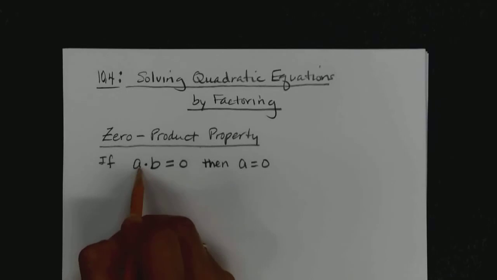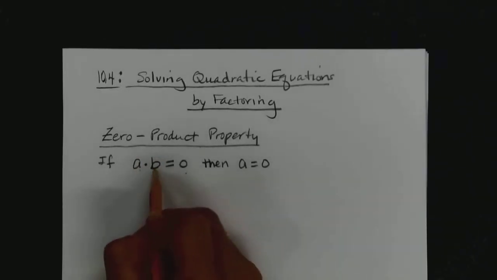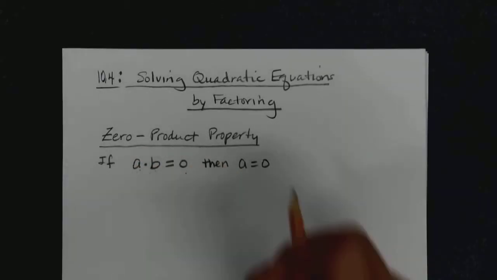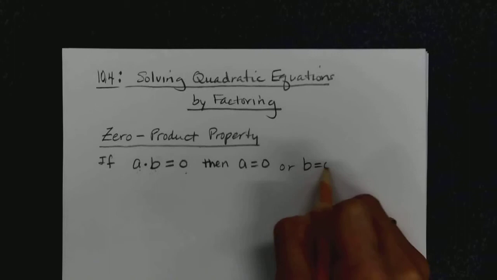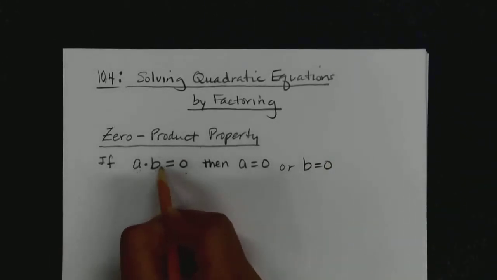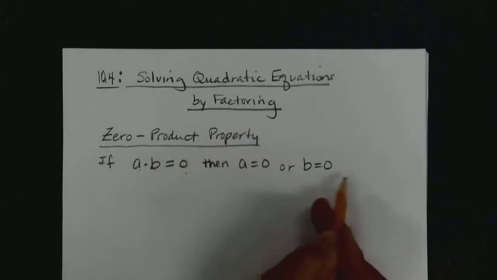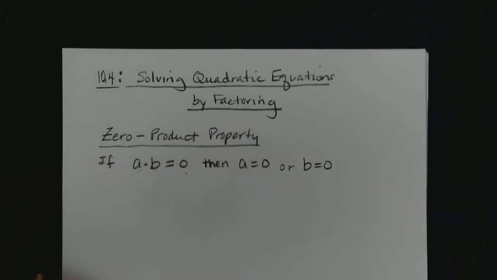If a is equal to 0, would it make the whole thing equal to 0? Yeah, it doesn't matter what b is, right? As long as a is 0, the whole thing is 0. Or I could let b equal 0. So if a is something else and b is 0, anything times 0 is 0. So a or b could be either one to be 0. So that's the zero product rule.